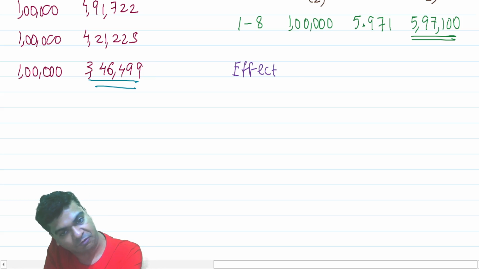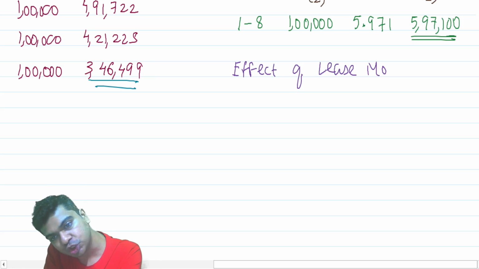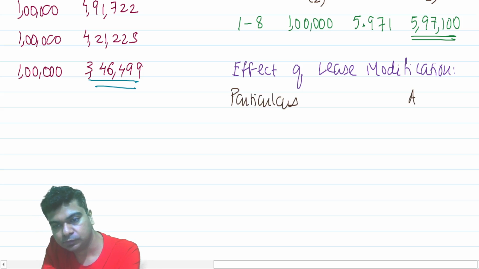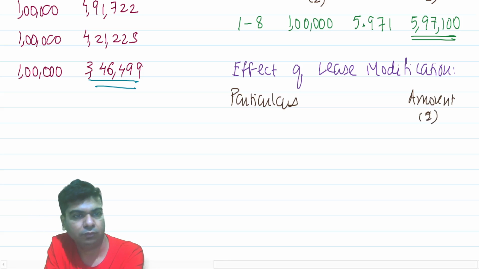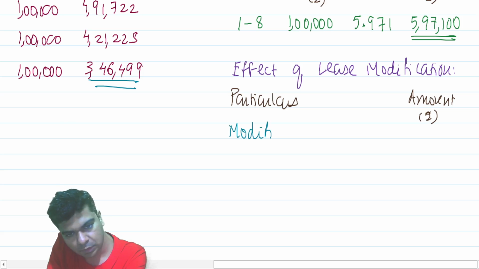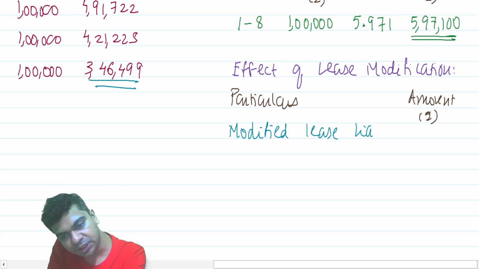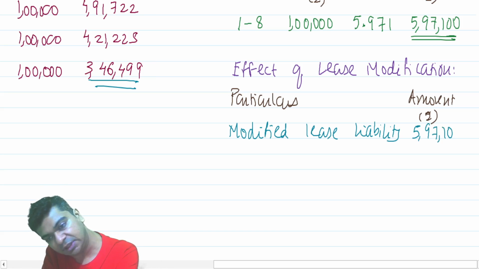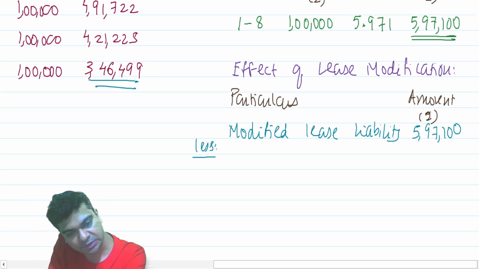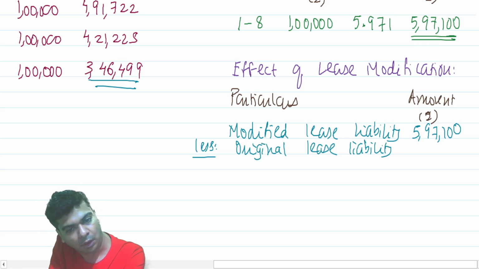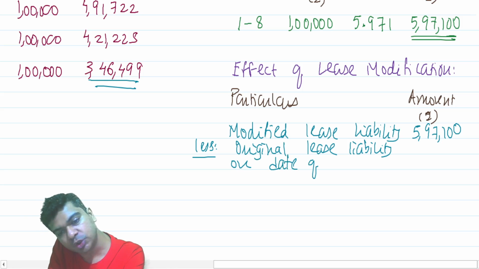We'll say effect of lease modification. Modified lease liability 5,97,100 less original lease liability on date of modification, right?